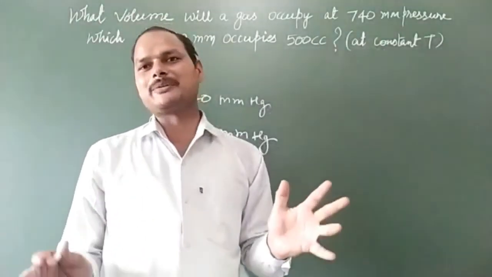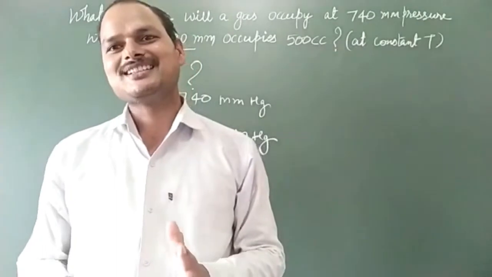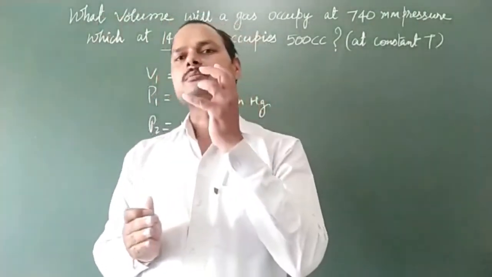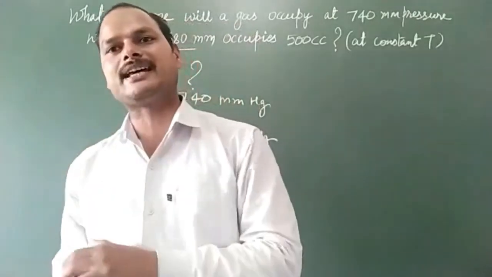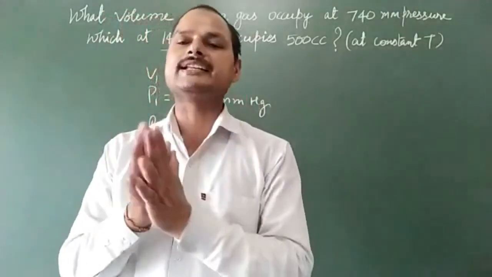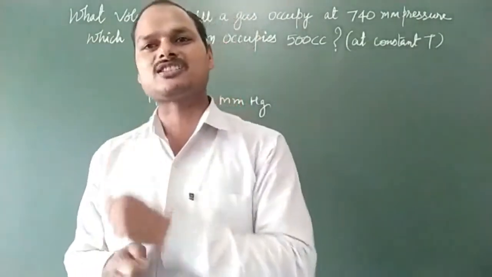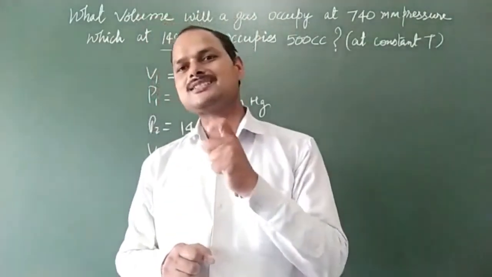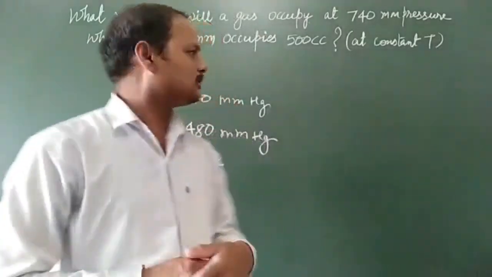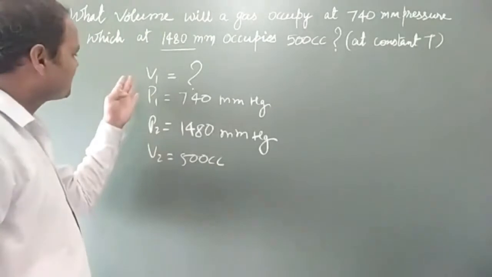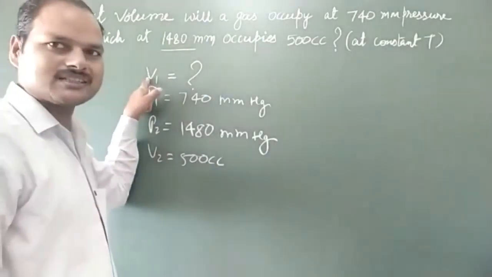It means whenever temperature is constant, the problem related to a gas which is stored in any container at a constant temperature can be solved by Boyle's law equation. So 4 terms are here. Out of these 4 terms, 3 values are known, the 4th one is unknown.